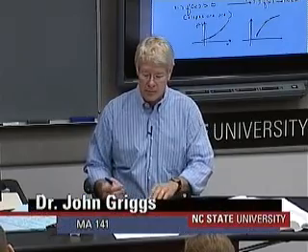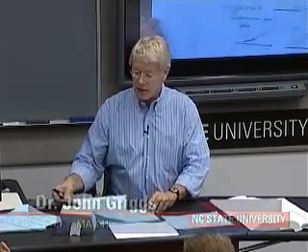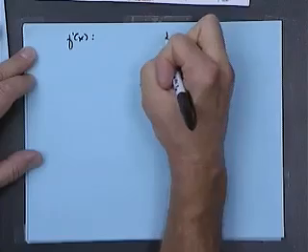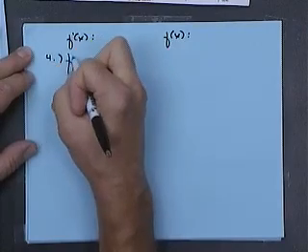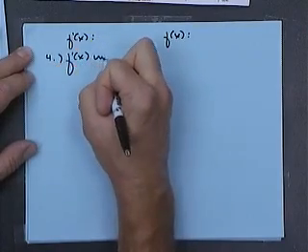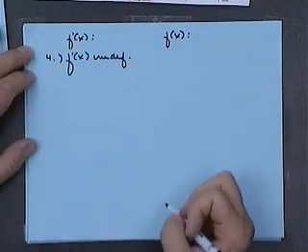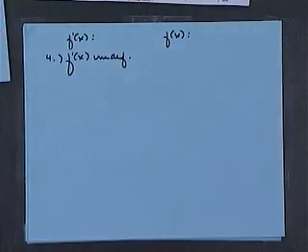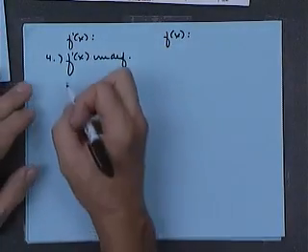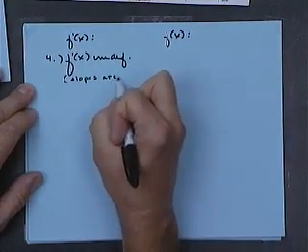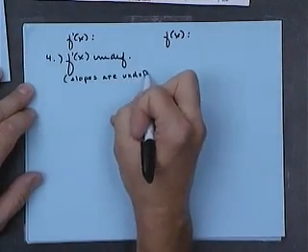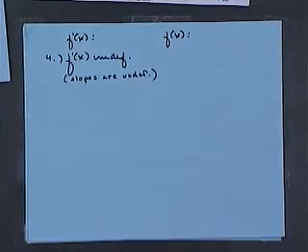Undefined. So if, in fact, the derivative is undefined, what does that say about the function? Should go straight vertical. Yes. So if you think about lines that have undefined slope, what types of lines have undefined slope?